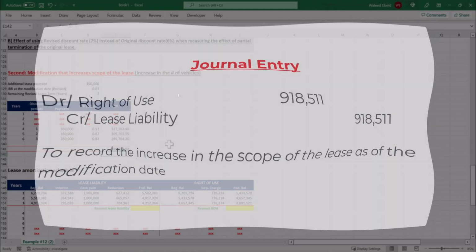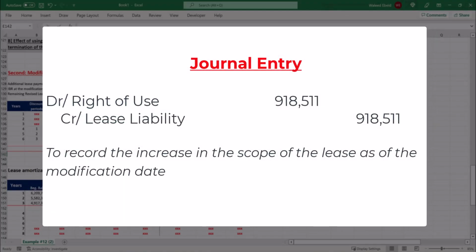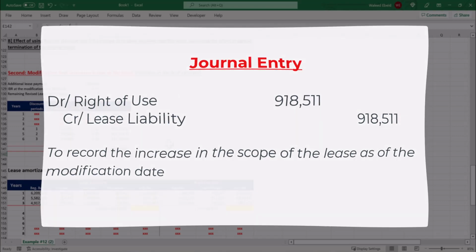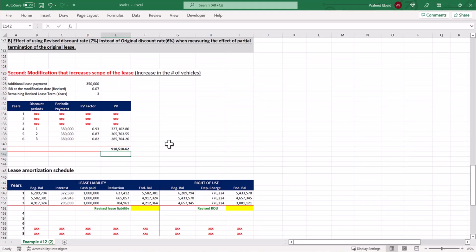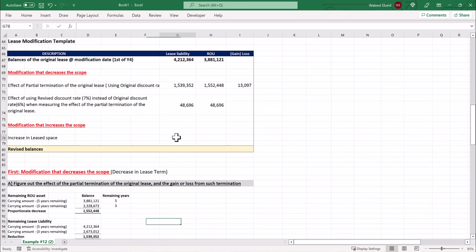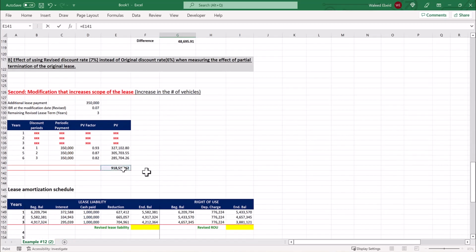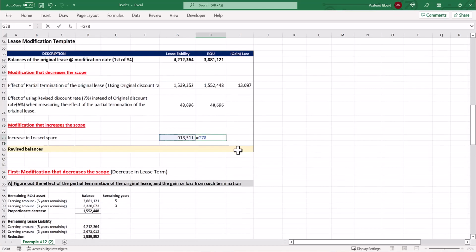This is the entry to recognize the increase in the scope of the lease. Post these figures in the template of the lease modifications. And finally, these are the revised balances for the lease liability and the right-of-use asset for both modifications.